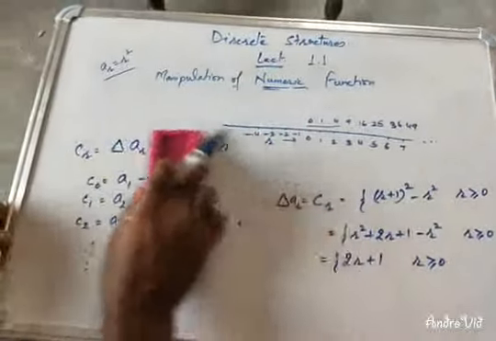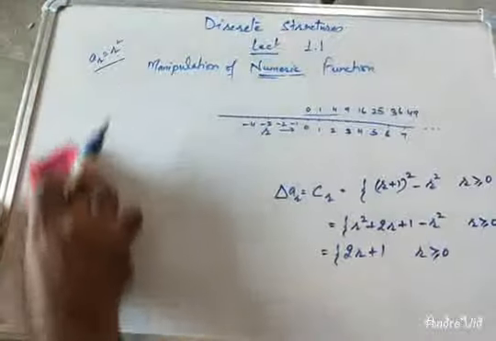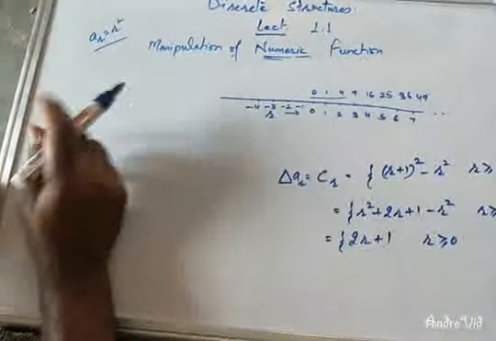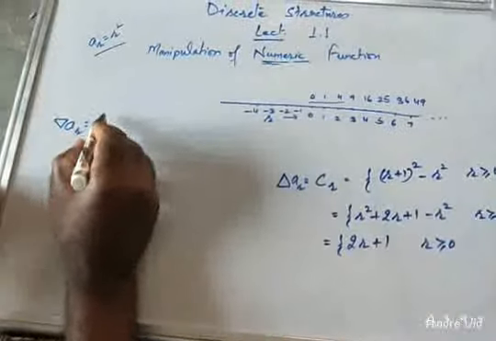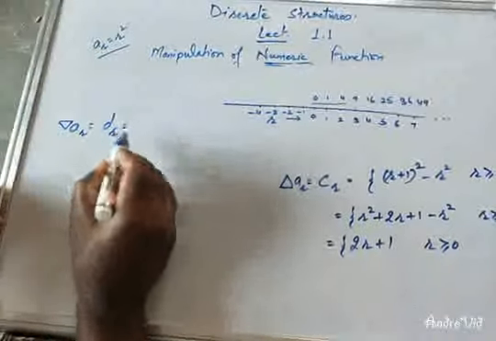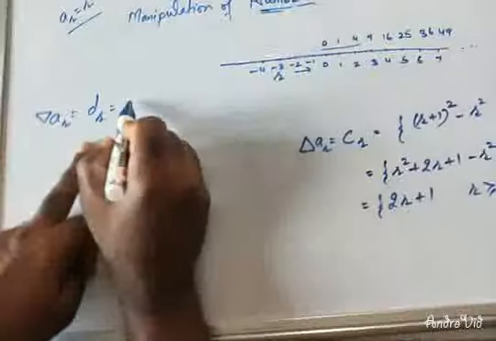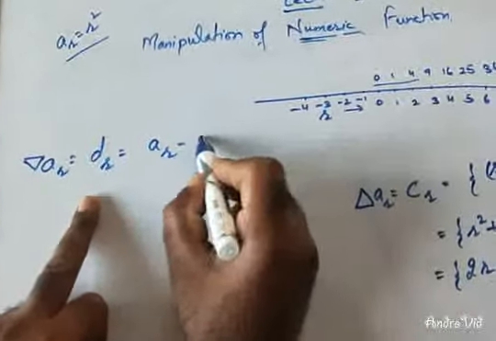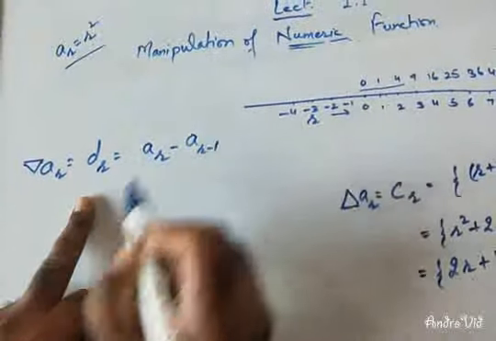Now there is backward difference also, represented as reversed delta of AR, which will be AR minus AR minus 1.